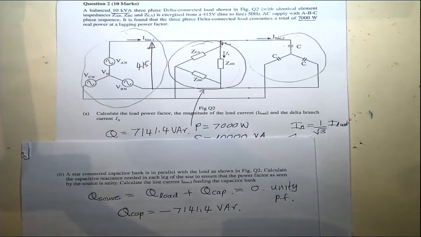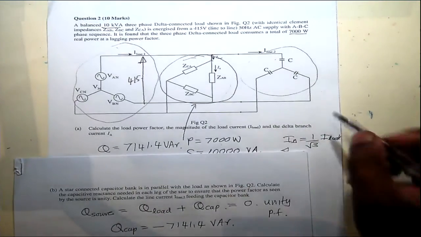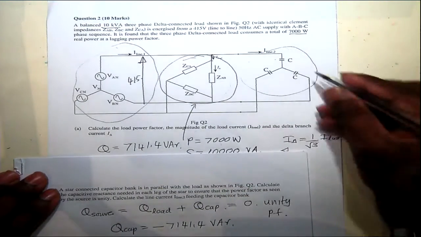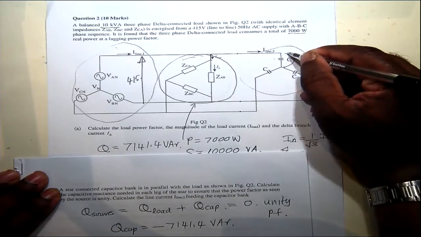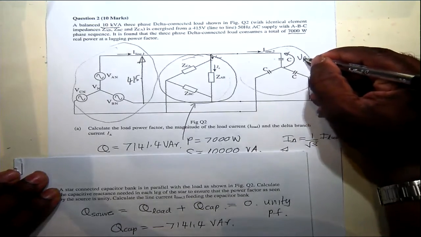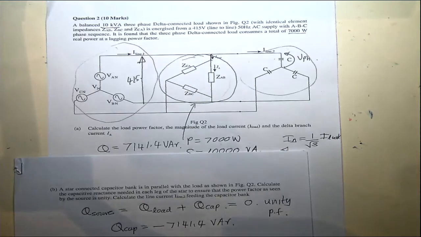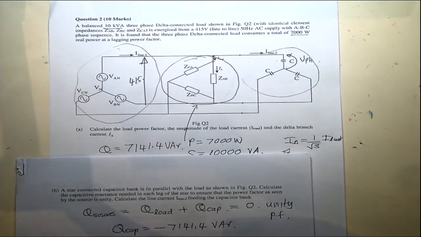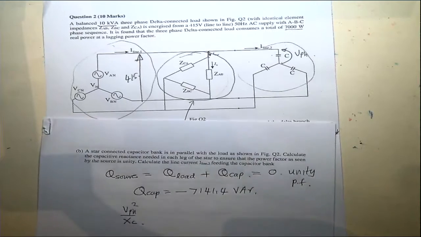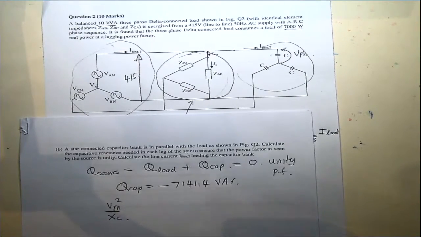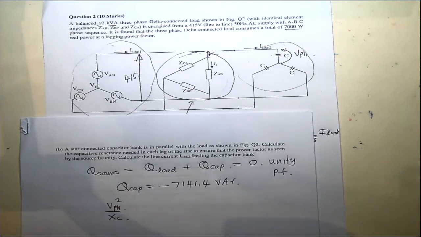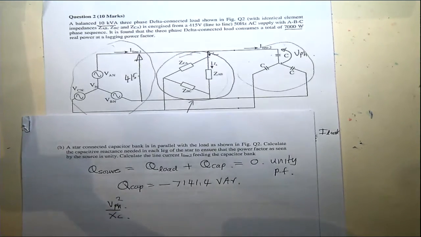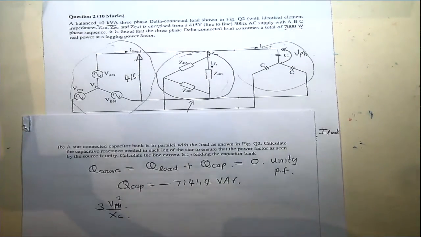Now if you look at the reactive power supplied by this star arrangement, the voltage here is the per phase voltage. So we have V per phase squared over XC. This much reactive power is supplied by one capacitor. You have three such capacitors, so it will be 3 times this.